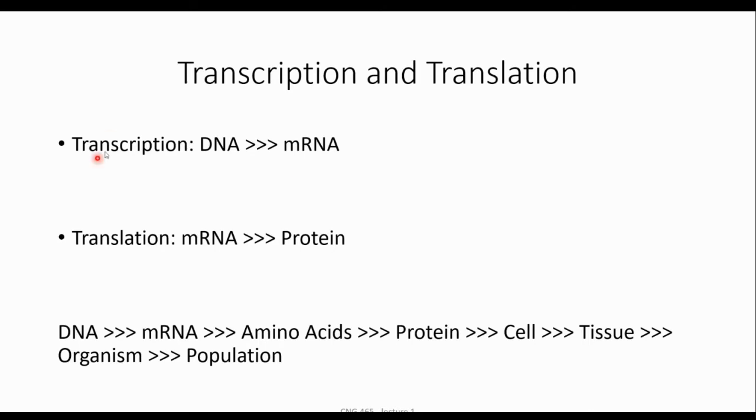But the thing you should know is that when we say transcription, it means producing mRNA from DNA. And how it will be done, for example, about translation and transcription, I will share with you some animations on YouTube, which are interesting. It could be useful. You can also look it up. It's easy to find. And translation means producing protein from mRNA.